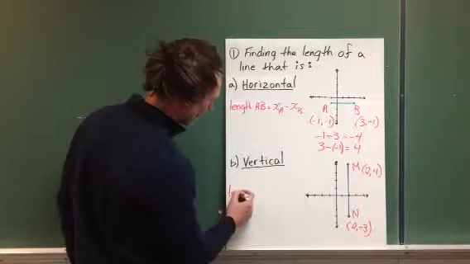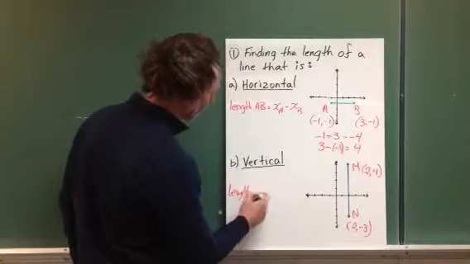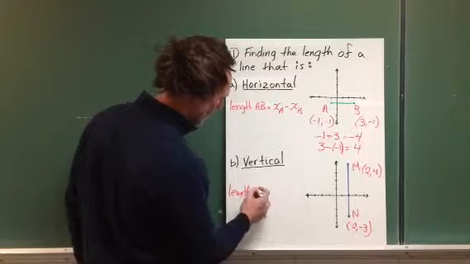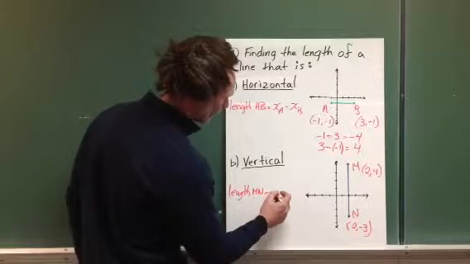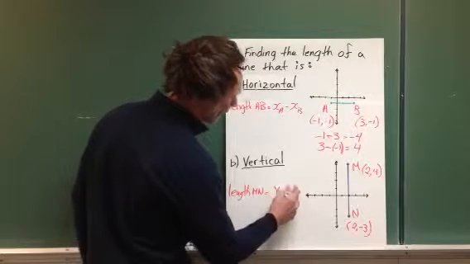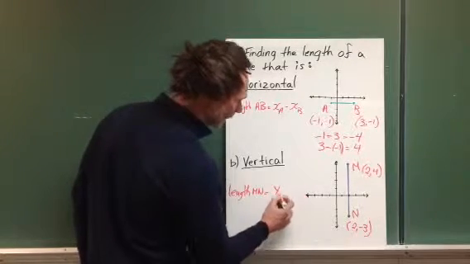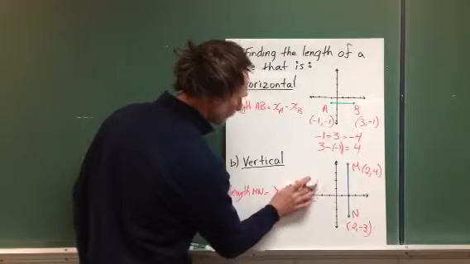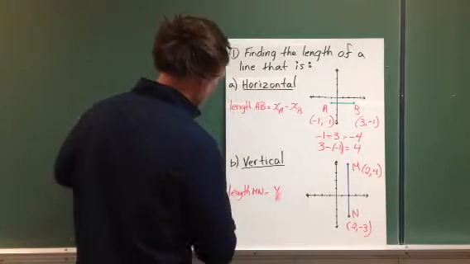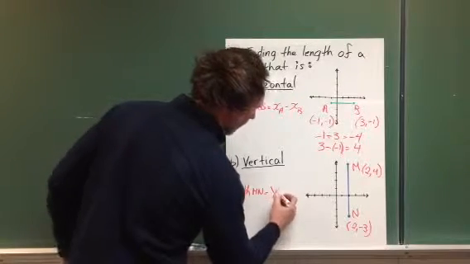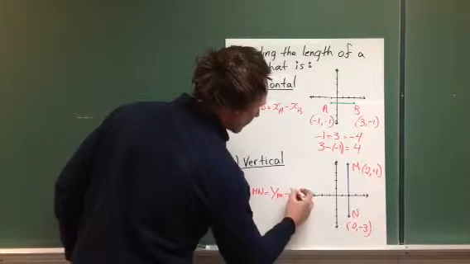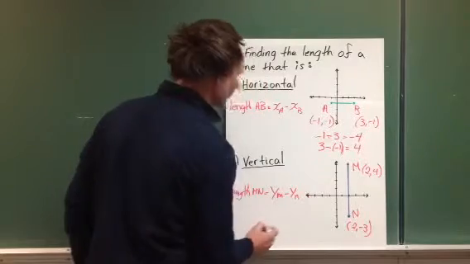So then we can say the length of a vertical line, MN, is equal to yM minus yN.